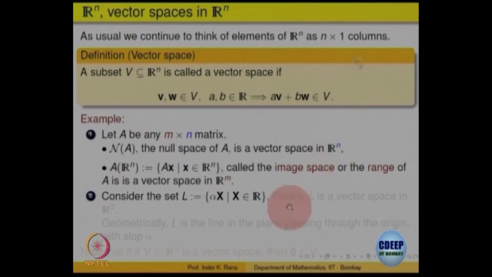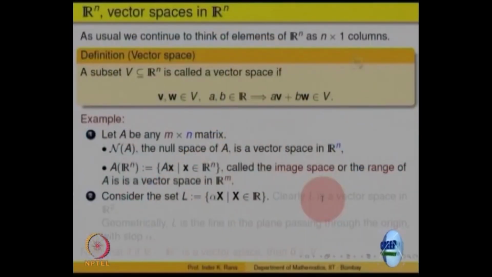So, let us look at one more example. Consider this L, which is alpha x. There is a typo here, it should be R to the power 2. I take some vector in R2, a fixed vector.